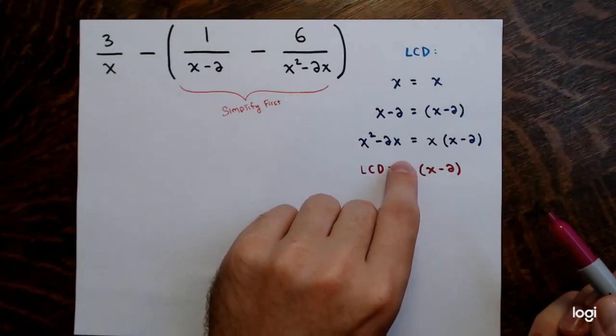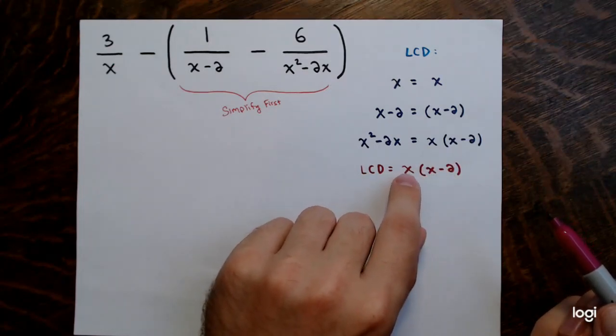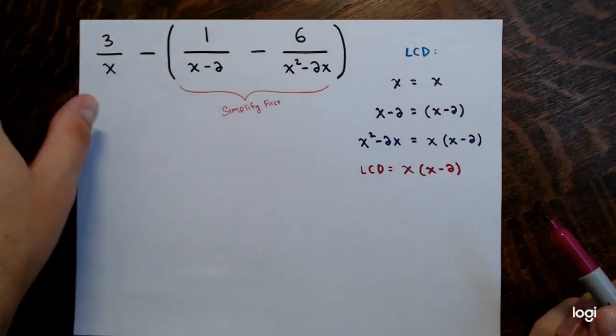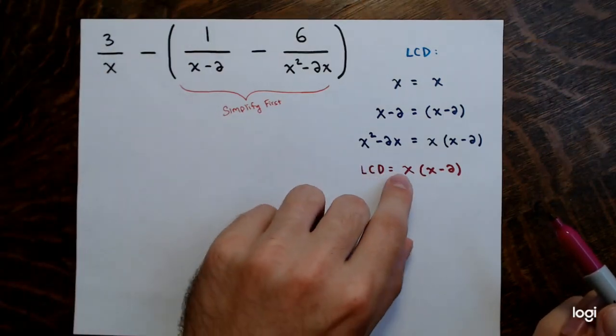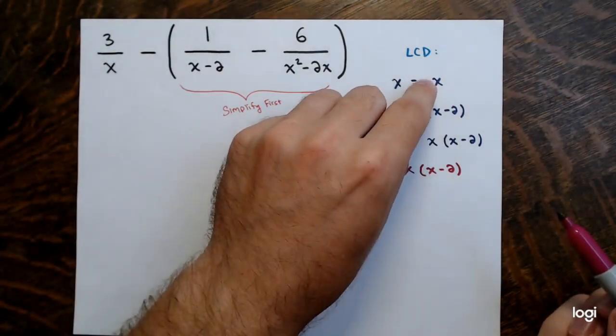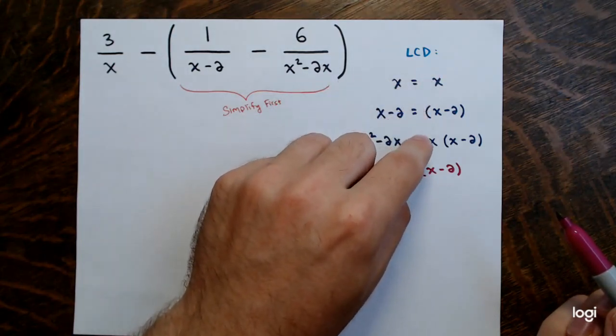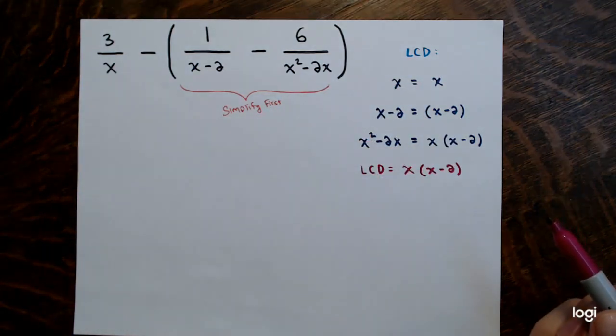And remember, the powers on these factors are just the greatest number of times that factor appears in any of the factorizations of the denominators. So x appears once, 0 times, once. So 1, 0, 1, x to the first.